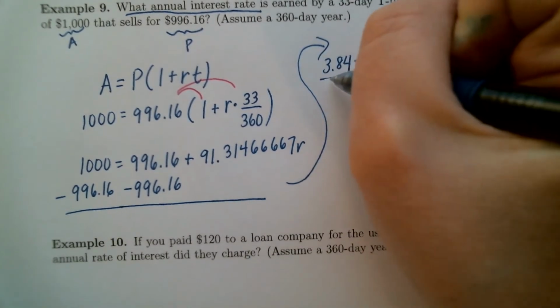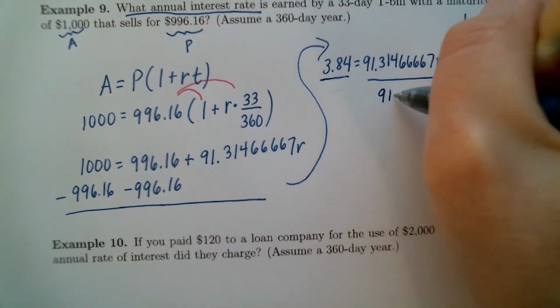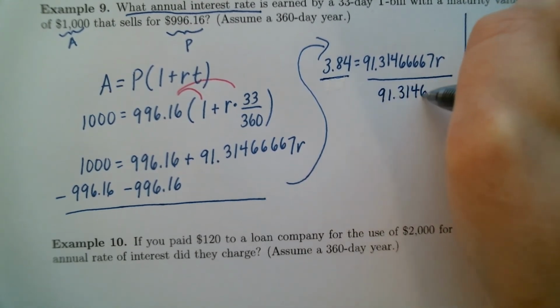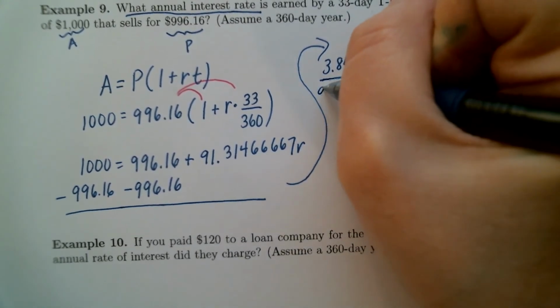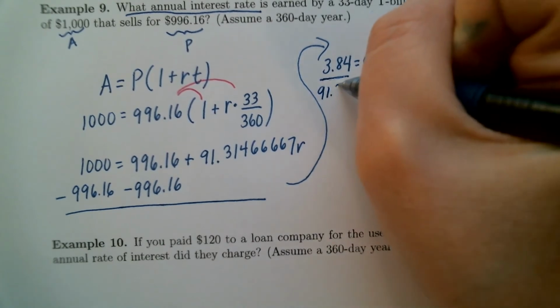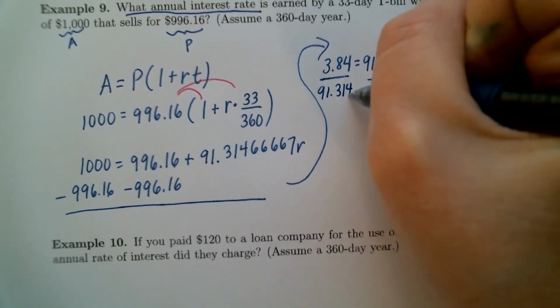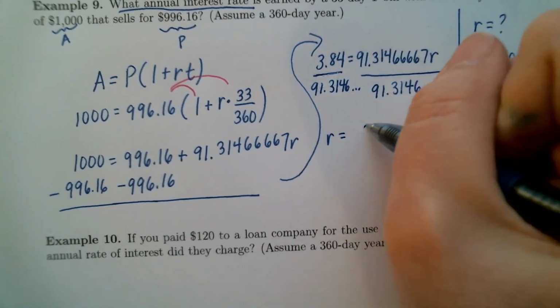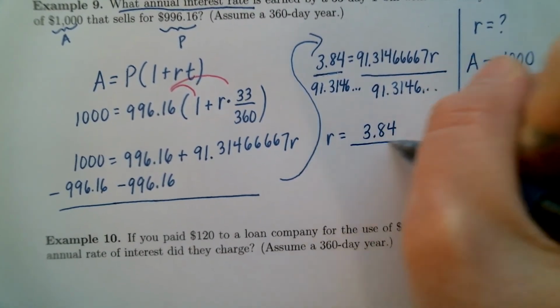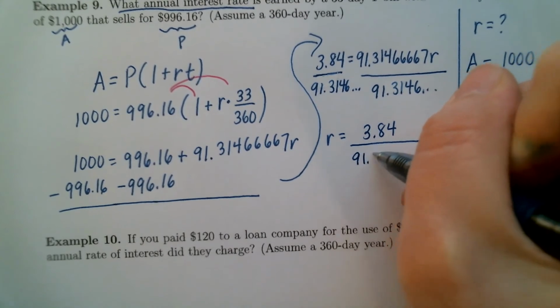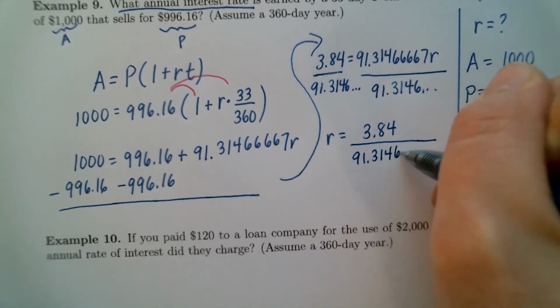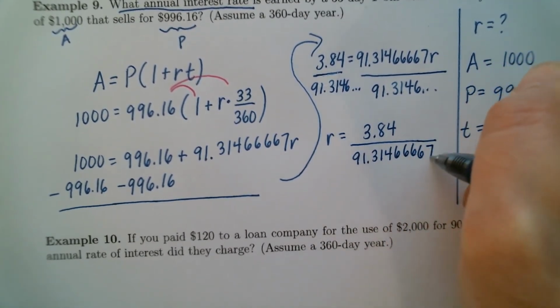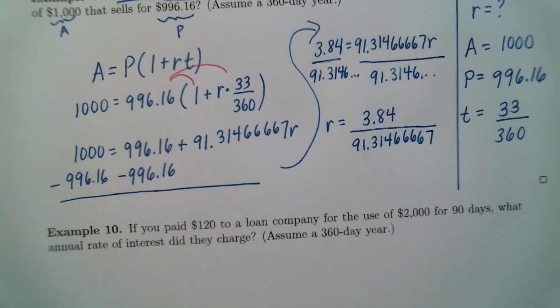We're going to divide both sides by this number, and I'll put dot, dot, dot because I'm not going to fit it all on here. Then I'll write it out in the next step. So your R value is going to be 384 divided by 91.314666667. Let's go ahead and type that in.